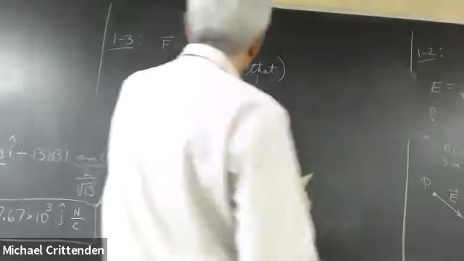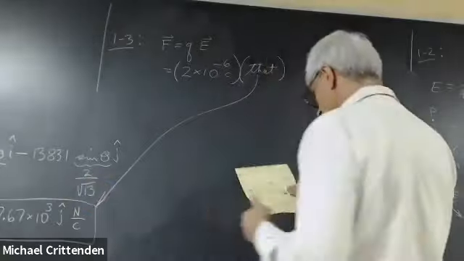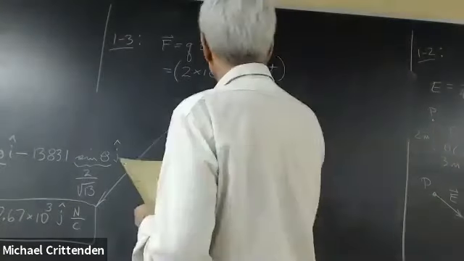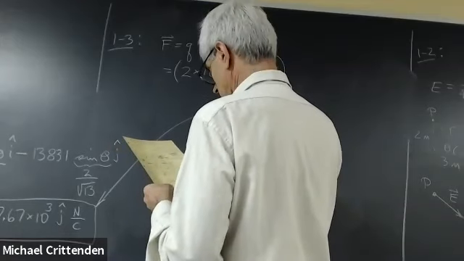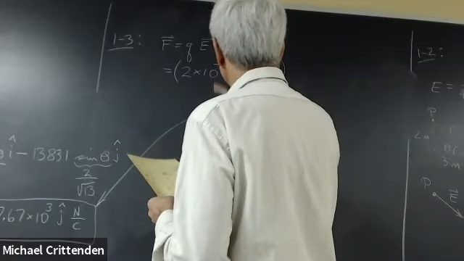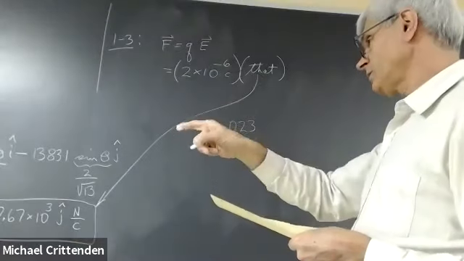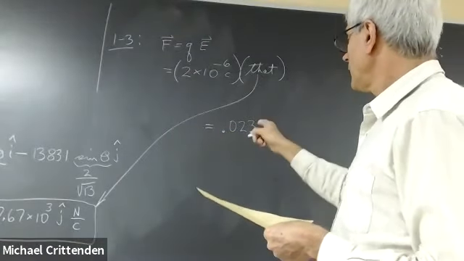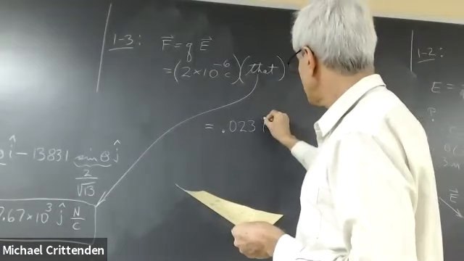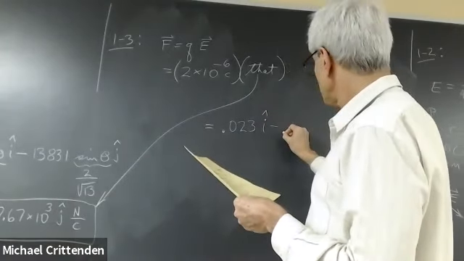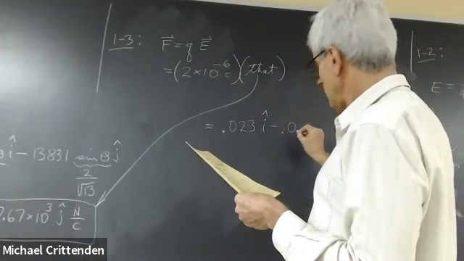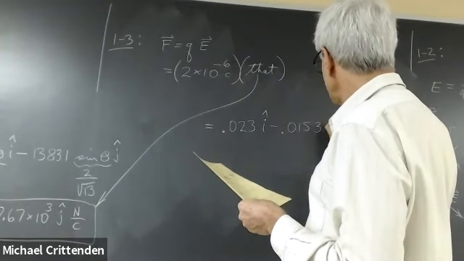And so you distribute the 2 microcoulombs across both terms. 2 times 10 to the negative 6 times 1.15 times 10 to the 4 gives you 0.023. That's the x component. In the y direction, 0.0153.